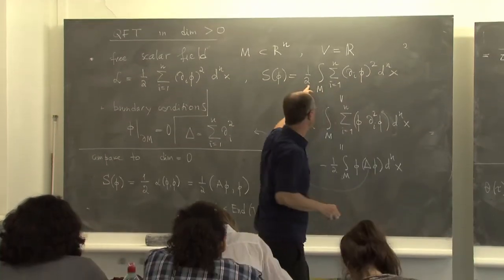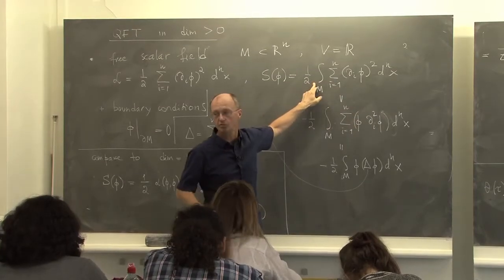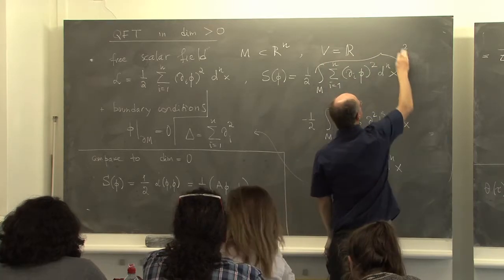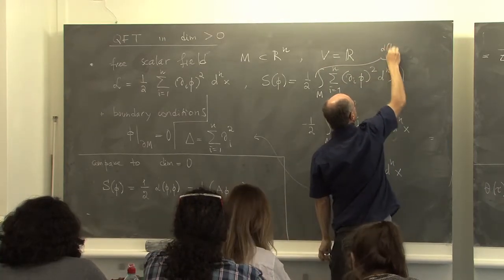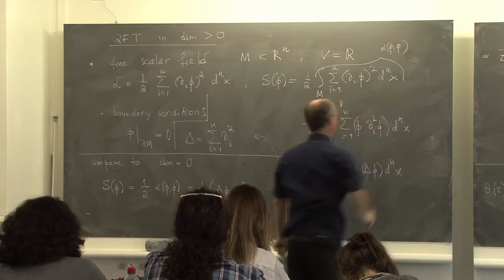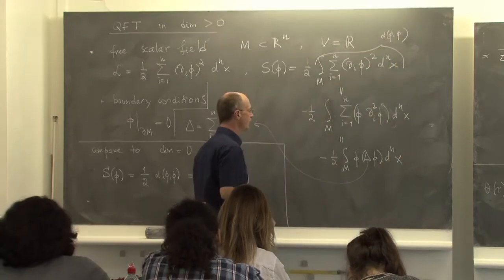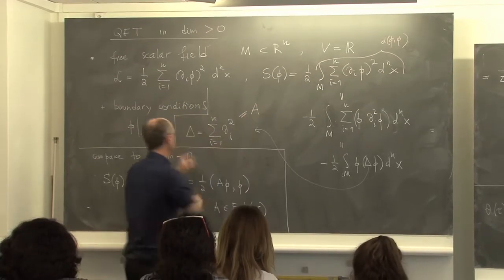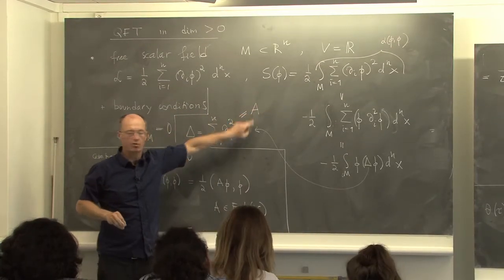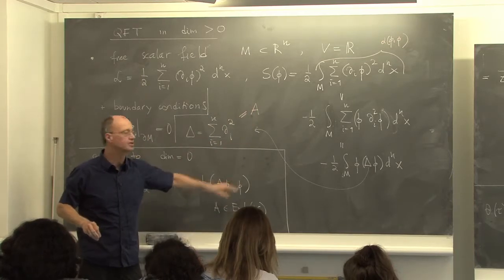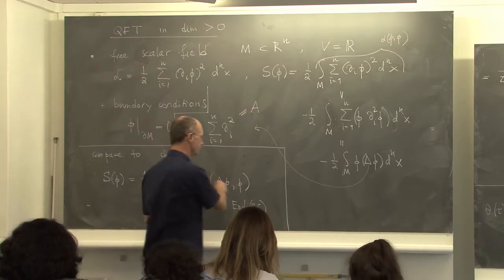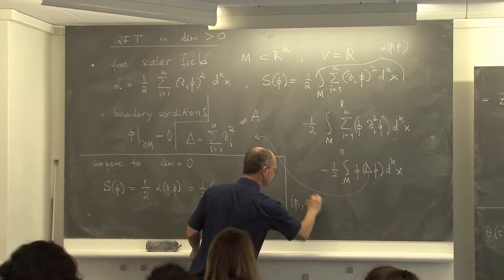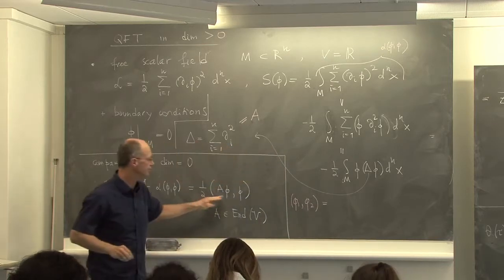So this expression is a quadratic form, alpha of phi, phi. Now, clearly, the operator delta is our operator A from this expression. And what is the auxiliary scalar product?